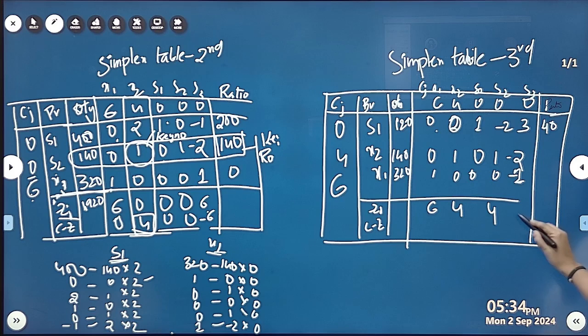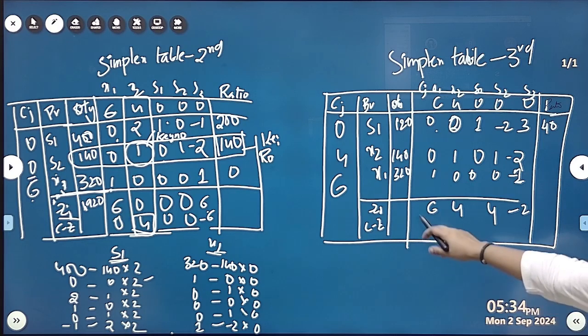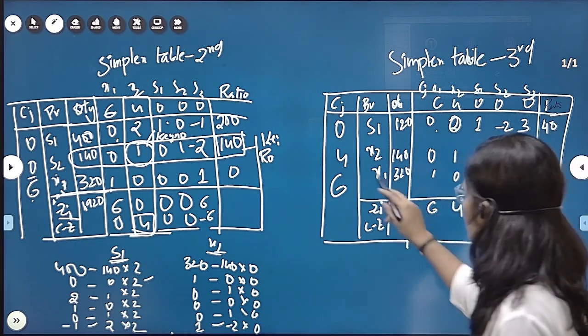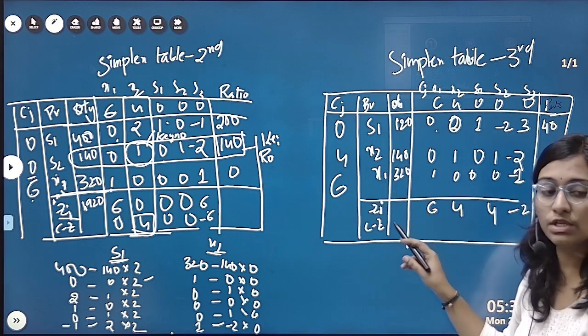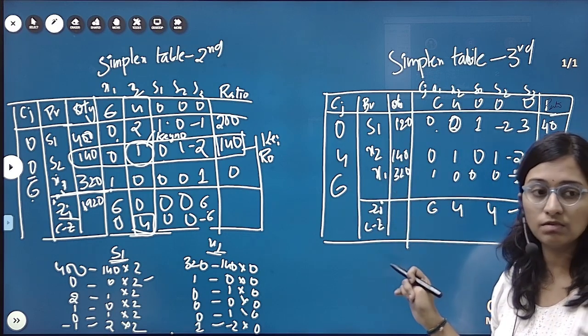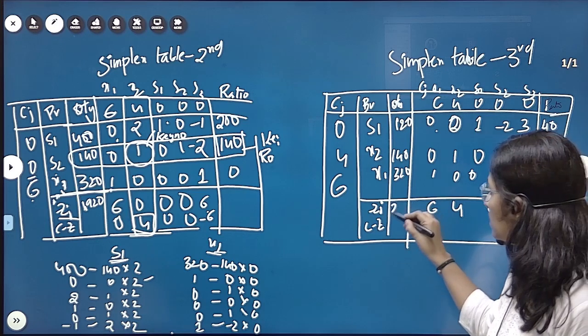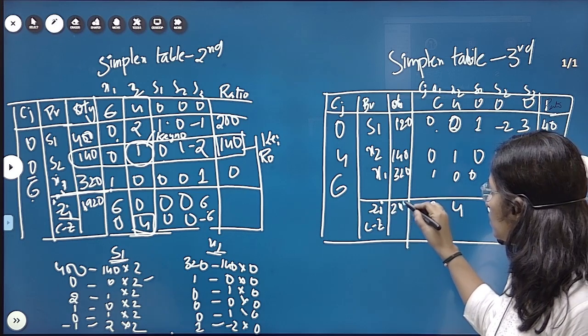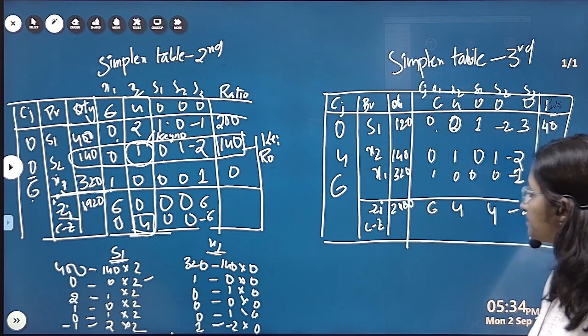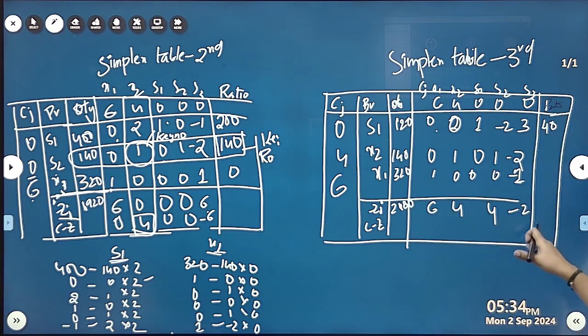Here minus 2. Got it? What's the value of zj? 4 into 140 plus 6 into 320. What's the value? 2480.